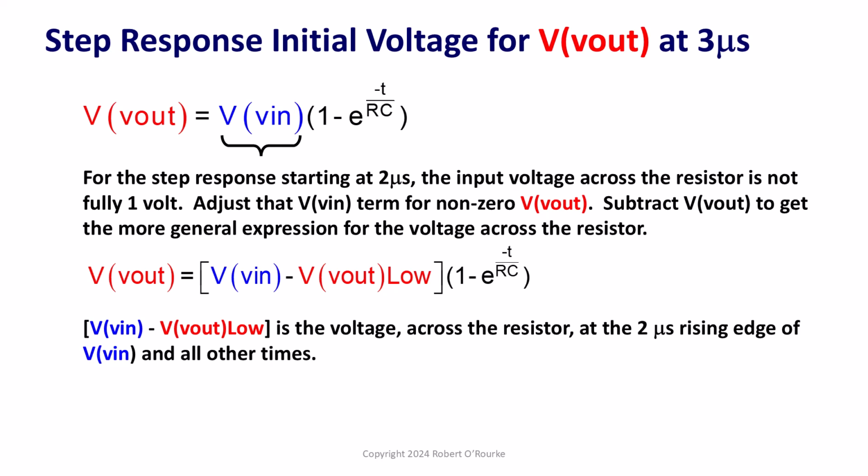Call the low value of the output voltage Vout at 2 and 4 microseconds Vout low. As shown here, use the term Vin minus Vout low in the step response equation in place of the Vin voltage in the standard step response equation.